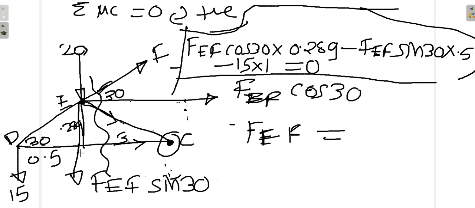So this 20 multiplied by 0.5 will also come into the picture. I made a mistake in the resolution. I'm extremely sorry. I will have to redo it again. Please bear with me. It's my mistake while resolving the forces.